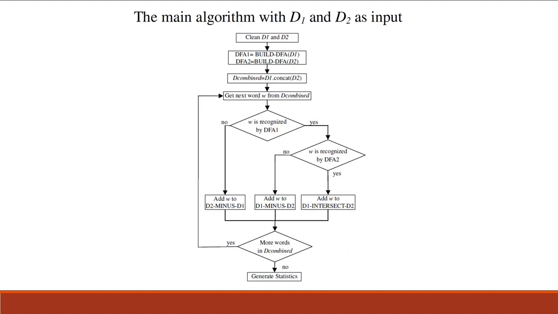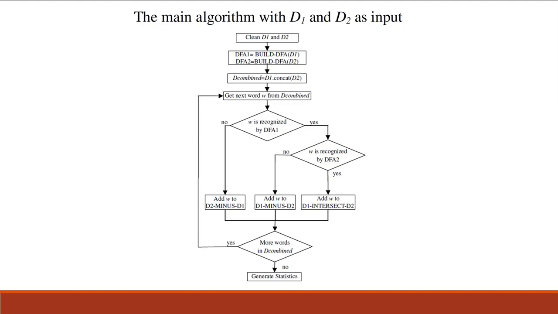So to explain this algorithm, this is the flowchart for the same thing, where we are cleaning D1 and D2 and building two DFAs. And D combined is the concatenation of D1 and D2. Next, we get the next word W from D combined, and if W is recognized by DFA1 and it is recognized by DFA2, then we add it to D1 intersect D2.